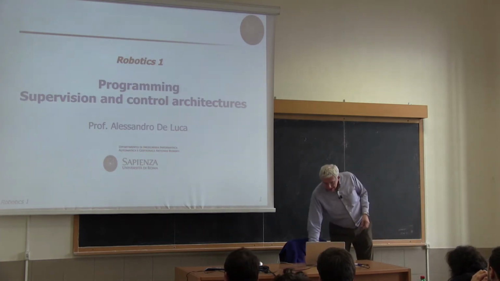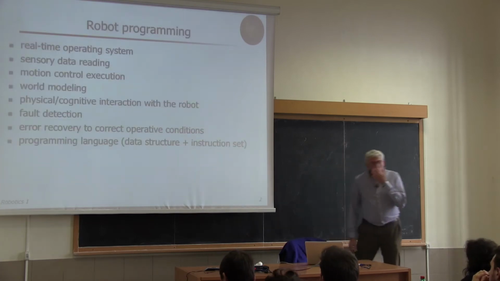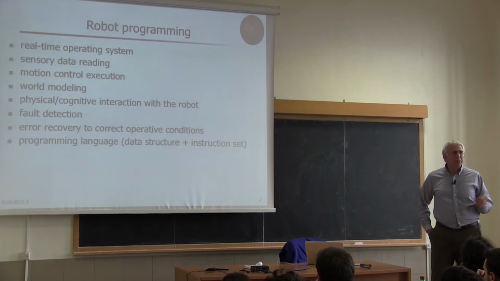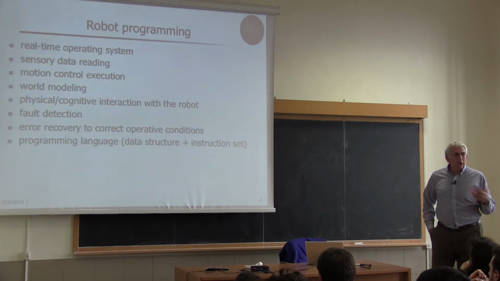Okay, having said this, what should a robot program do? What are the specifics of robot programming? Well, first of all, it needs to work together with a real-time operating system, because let's say 95% of the action should be online.